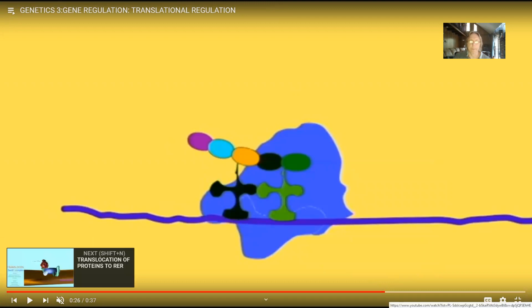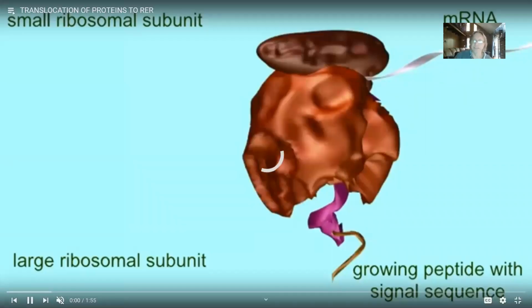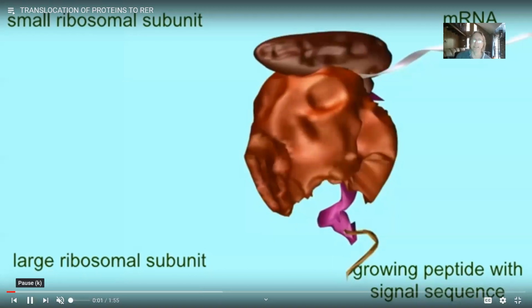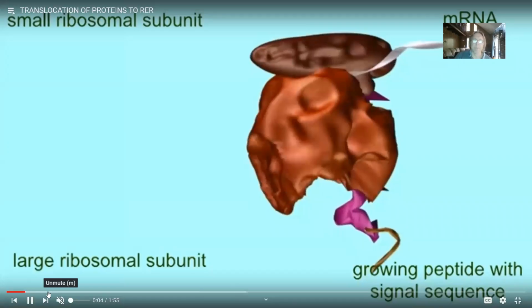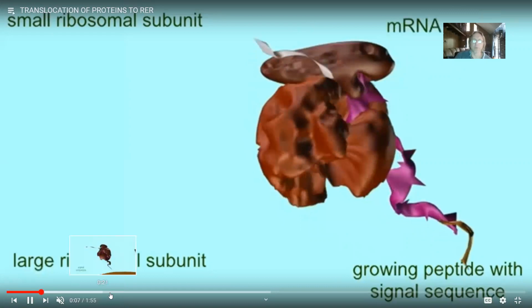There are other ways in which translation can be regulated. So for example, it can be paused, it can be controlled. So here's one example. Some proteins are translated by ribosomes floating in the cytoplasm, while others might begin their translation in the cytosol floating around. But when a certain sequence is made in the amino acids, what's known as a signal sequence, this could then bind to a protein.